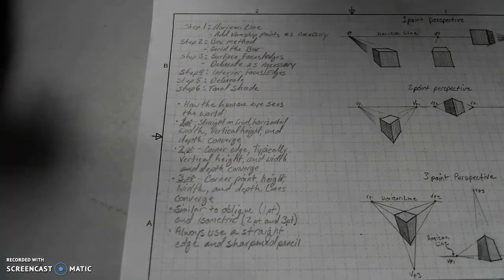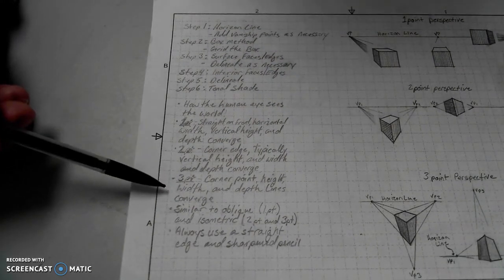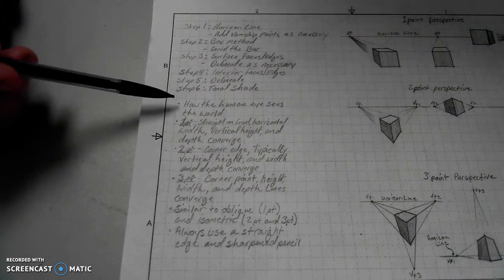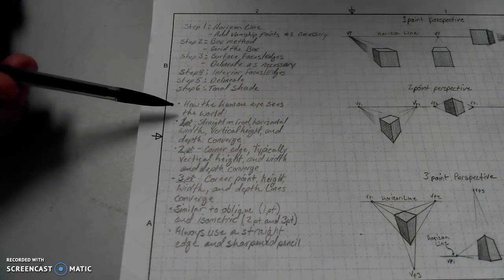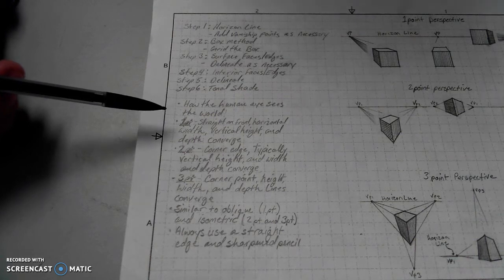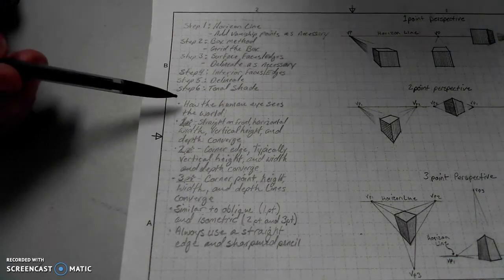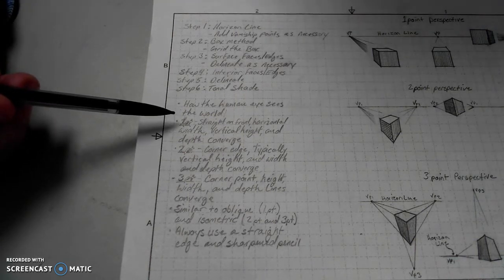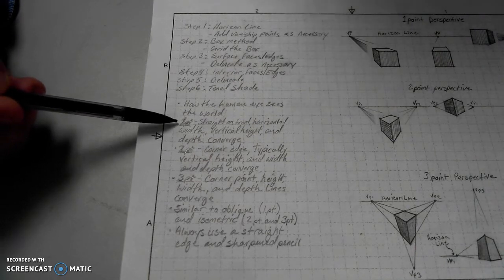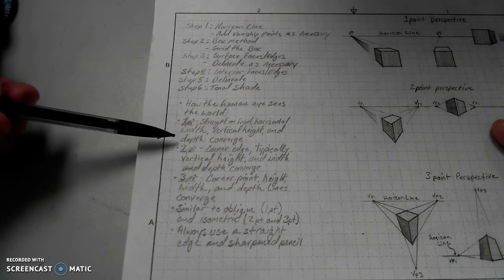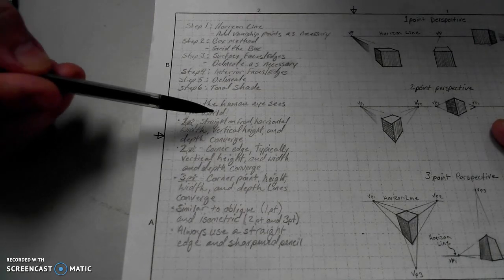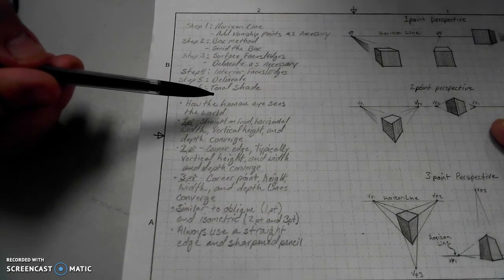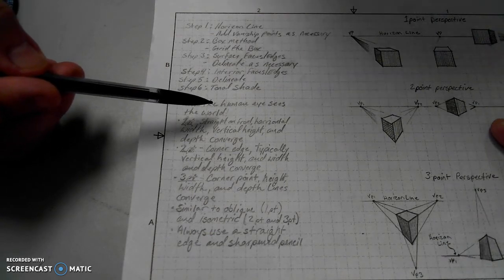I have a few guidelines here, things to remember. For example, this is always how the human eye sees the world, so they are the most realistic of pictorial sketches. What makes them kind of difficult to sketch for some people? A one-point perspective, you need to remember that it's a straight-on view, much like how an oblique is.